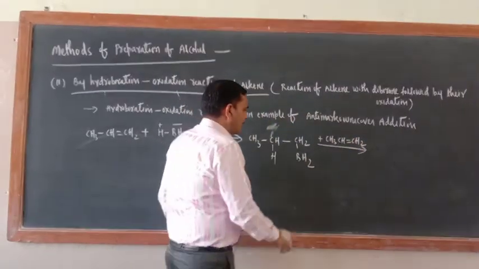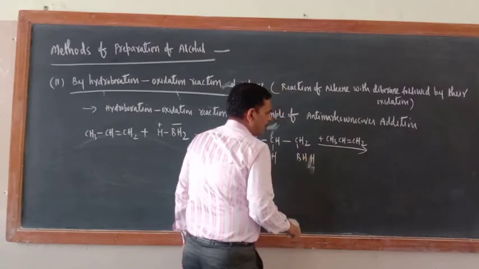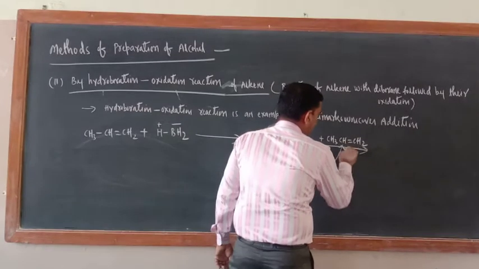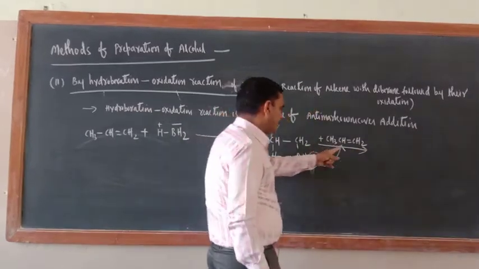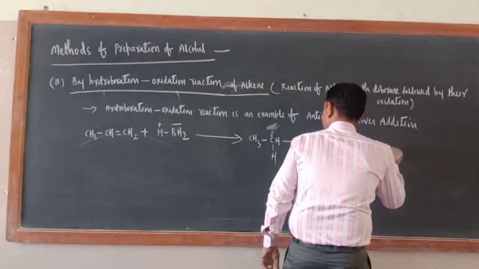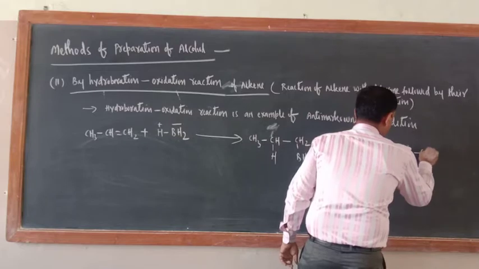Further, it's HBH, one H will be added here. So what would be the product? We can write here CH3 CH H, here CH2.